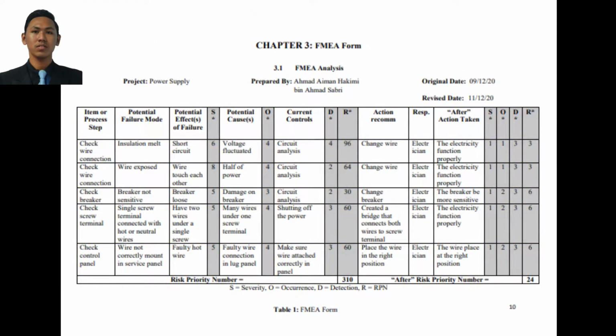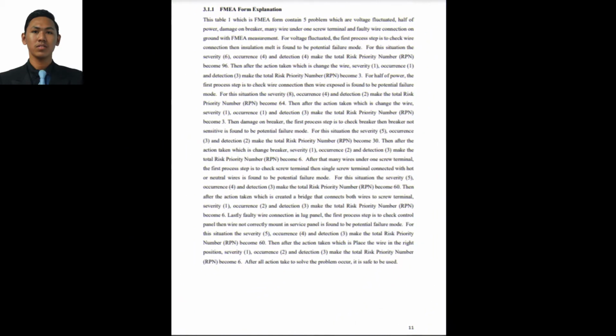Then my second part is the FMEA form. In this form, five problems are discussed. The problems found in this form were voltage fluctuation, half power, damage on breaker, many wires under one screw terminal, and floating wire connection in the load panel.